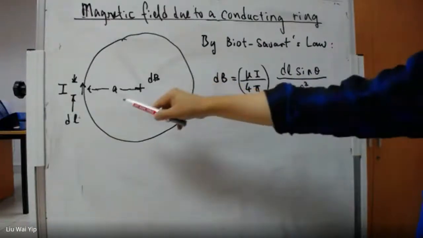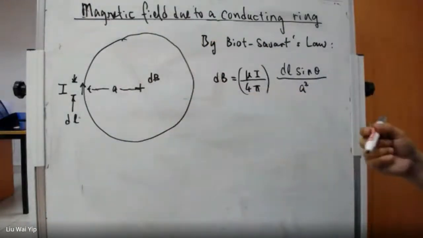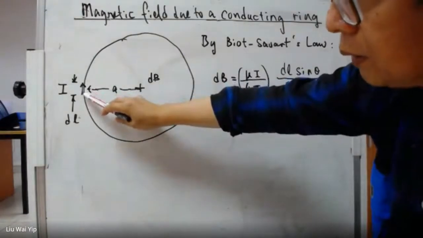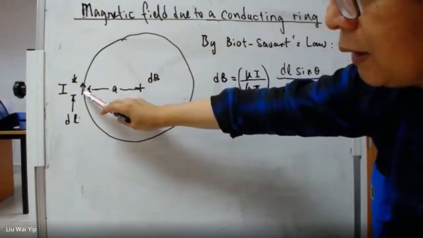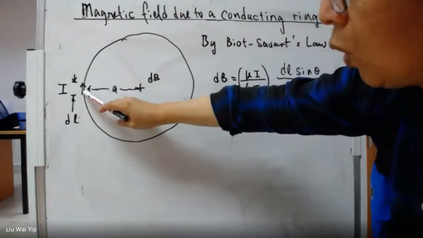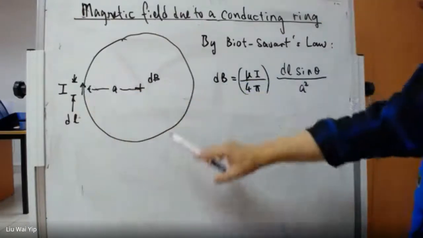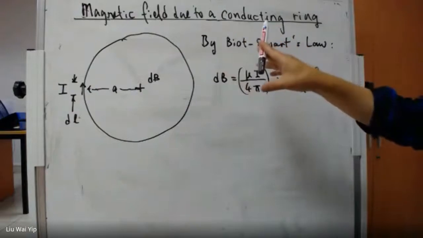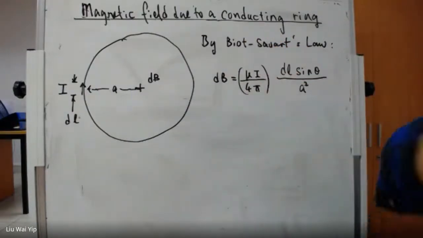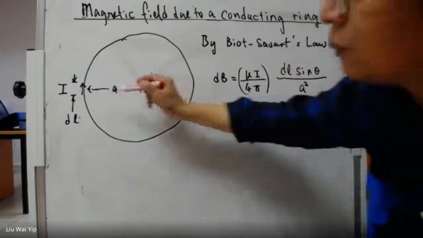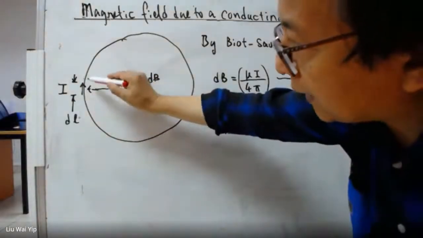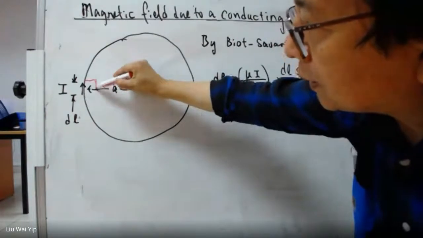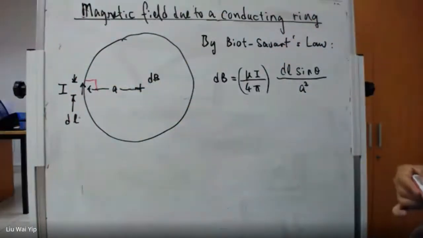From here, according to our interpretation, this little wire segment delta L is always tangential to this conducting ring. So the angle here is always 90 degrees. As long as the delta L is tangential, then it should be 90 degrees.